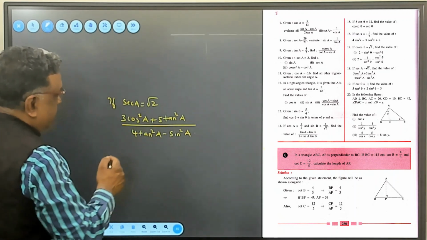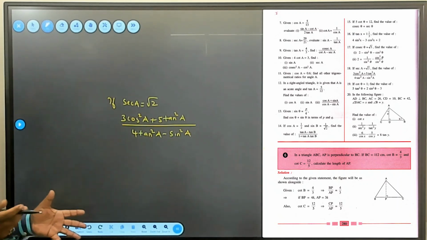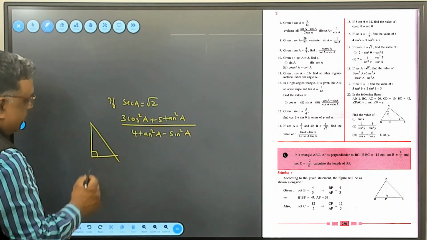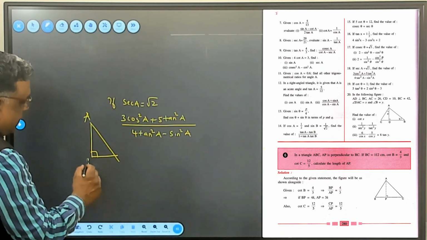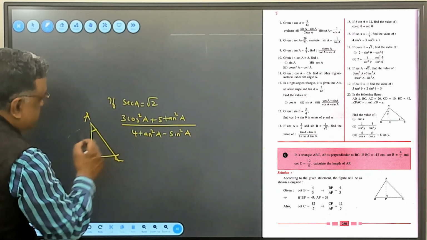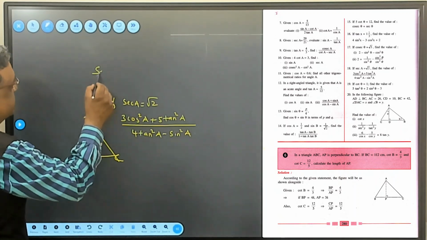So again, when we have been given a trigonometric ratio, let us try to construct a right angle triangle. I will name it ABC. Now I am given secant A as root 2. What is the definition of sec A?